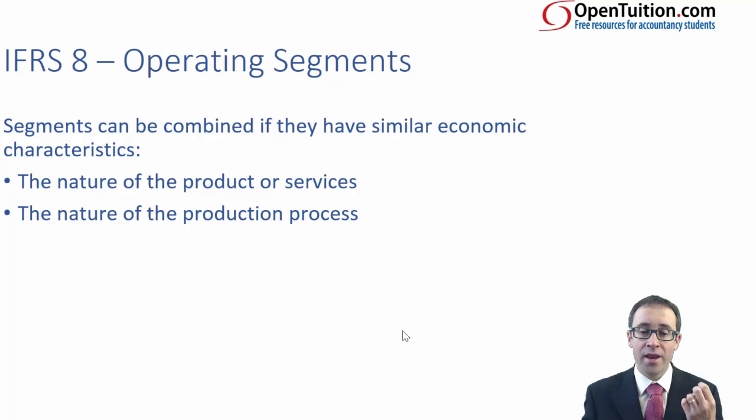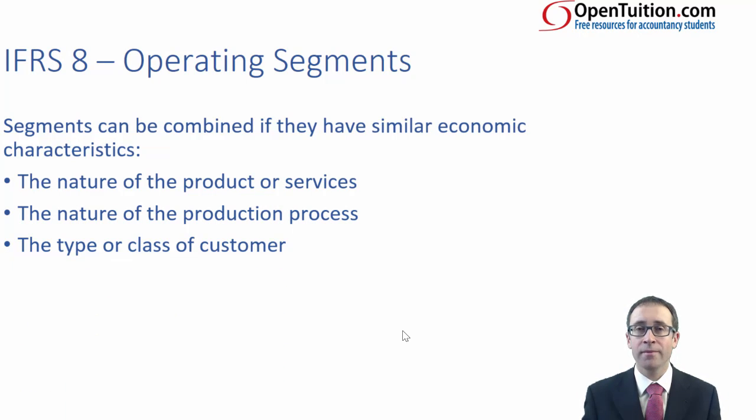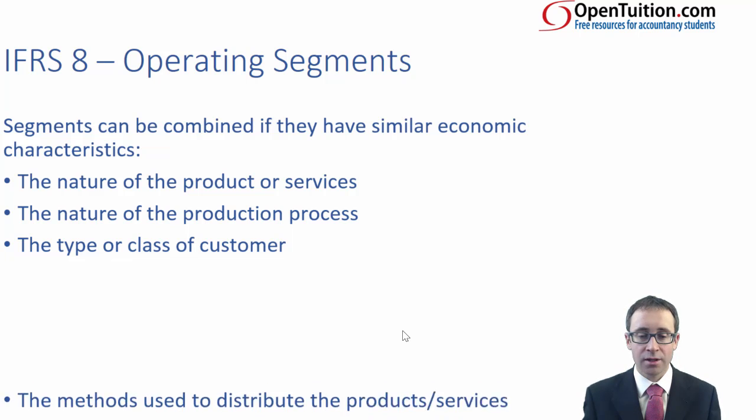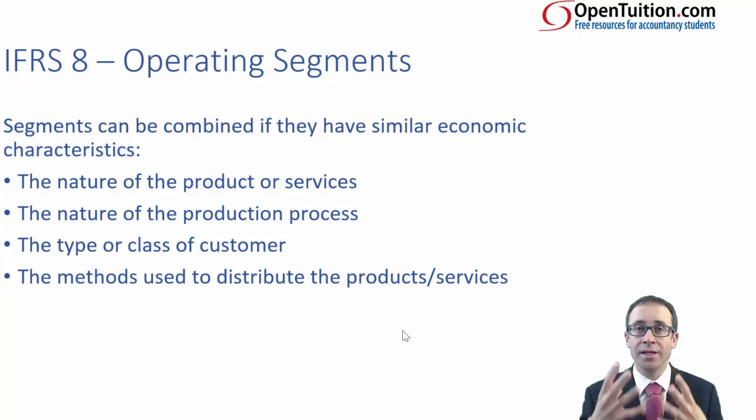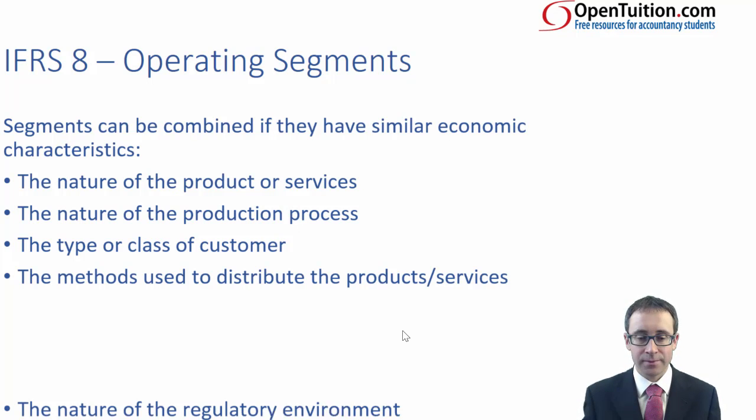The nature of how you produce the goods, so not just what the actual product is, but how it is produced, has to be very similar as well. Your class of customer, so are we going to have the same type of customer using that product or that service? The way in which we distribute the goods, again, it has to be similar.